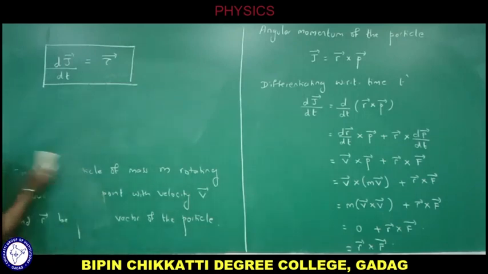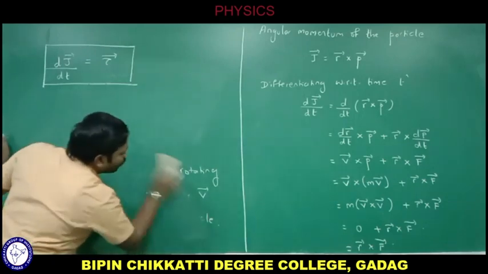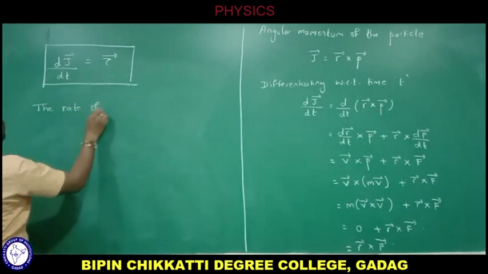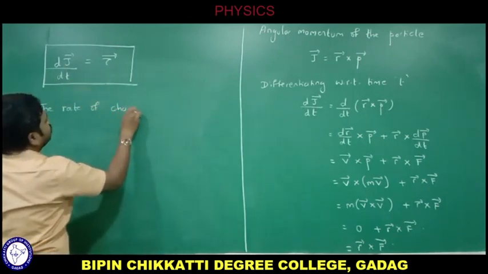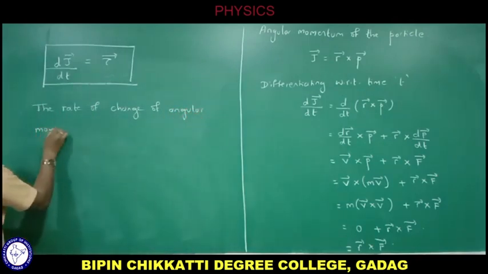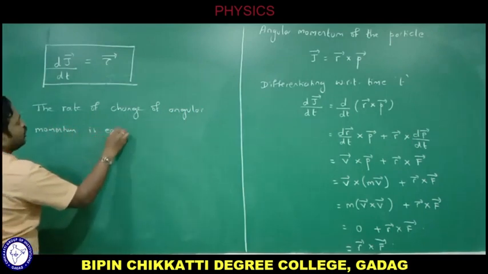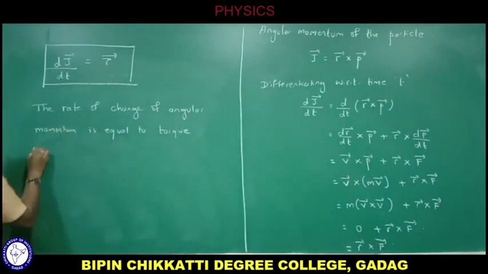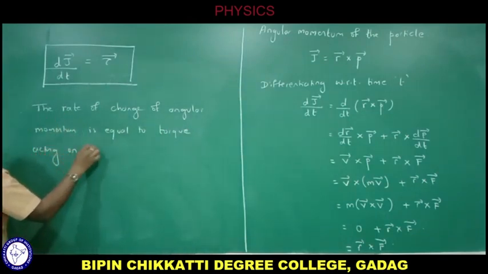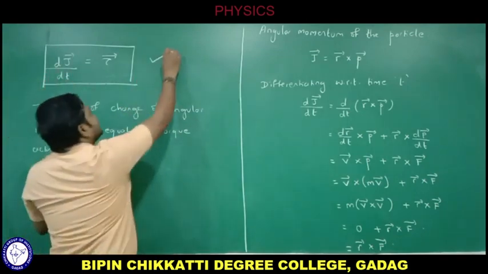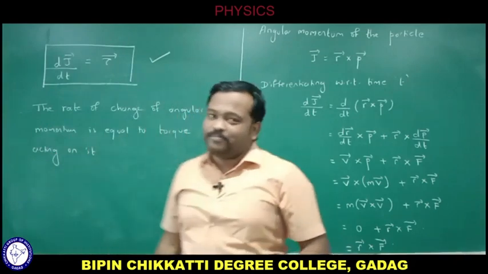So what is the relationship between angular momentum and torque now here, right? Therefore, the rate of change of angular momentum is equal to the torque acting on it, right? The rate of change of angular momentum is equal to the torque acting on it, and this is the relationship between angular momentum and torque, right?